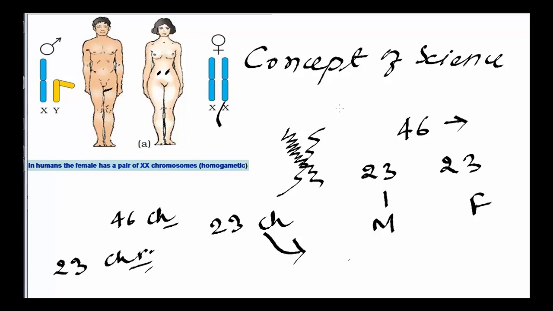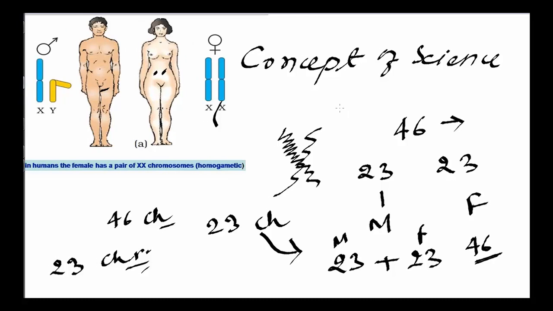When 23 chromosomes from male meet 23 chromosomes from female, they produce a normal offspring of 46 chromosomes, and that's how the number of chromosomes is maintained.